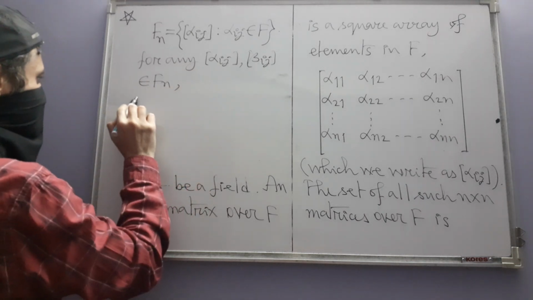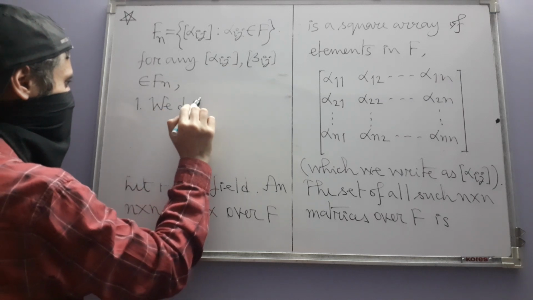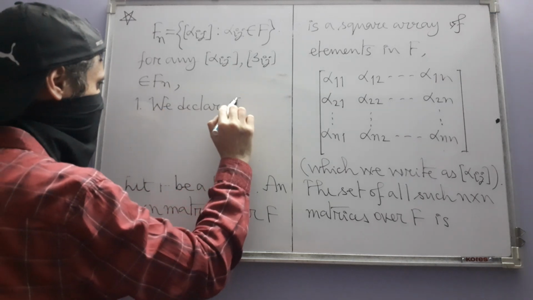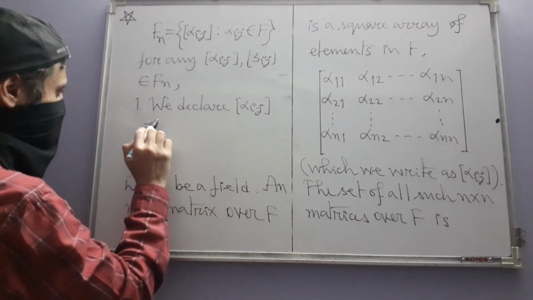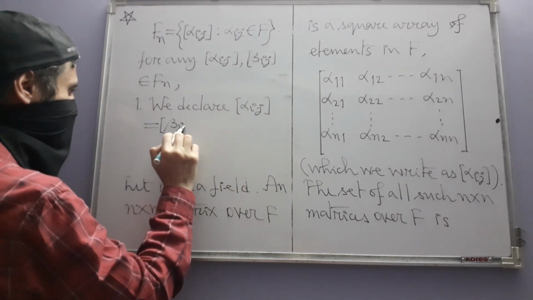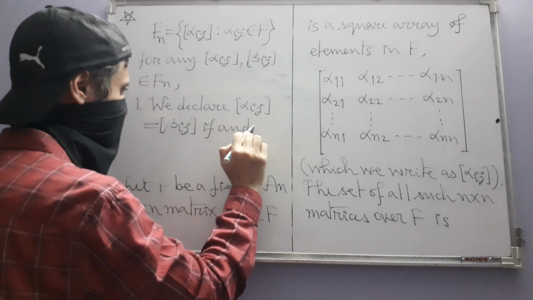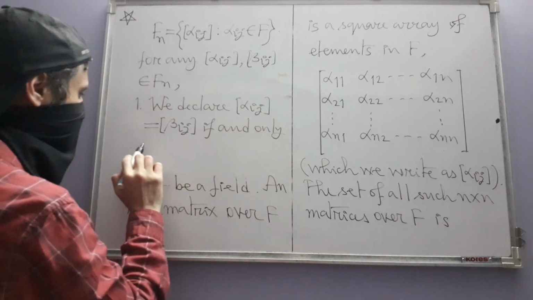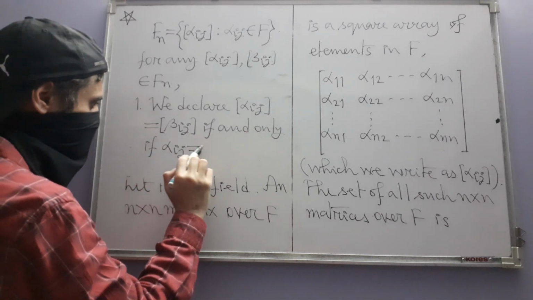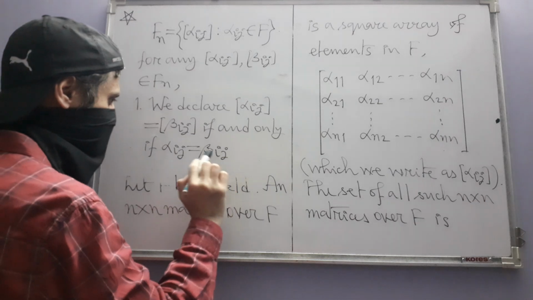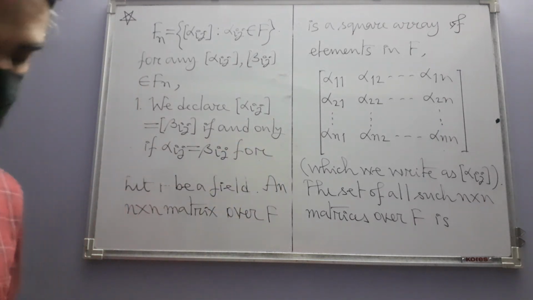We have these things. We declare the matrix alpha ij to be equal to the matrix beta ij if and only if alpha ij is equal to beta ij for all i and j.